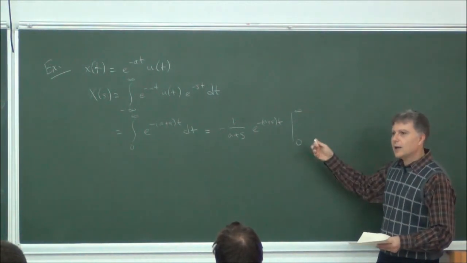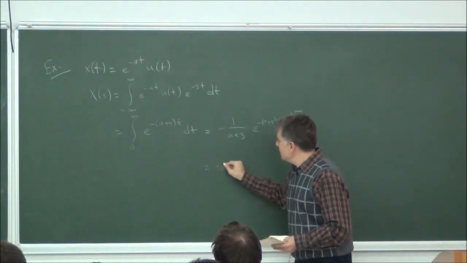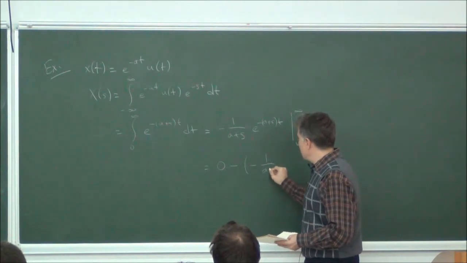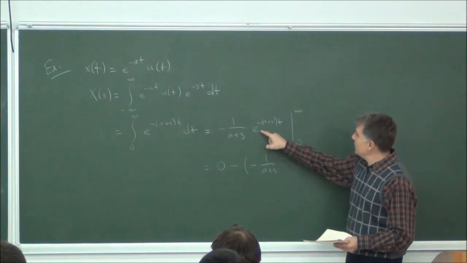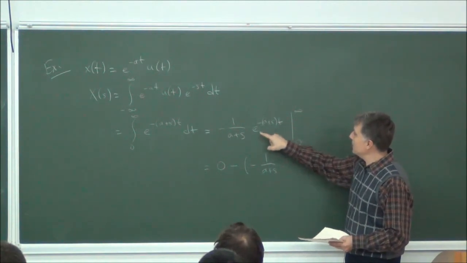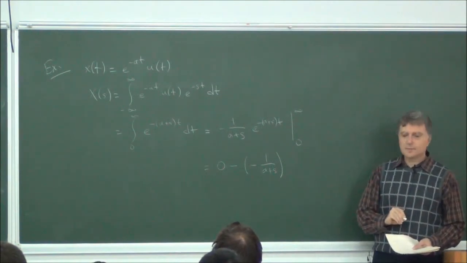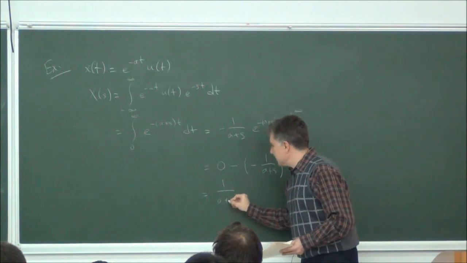We will see why or when it goes down to 0, by the way. Then it will be 0 minus another minus 1 over a plus s, and with t equal to 0, e to the minus something times 0 is e to the 0, which is 1. So I'll close the parentheses. And that makes 1 over a plus s.